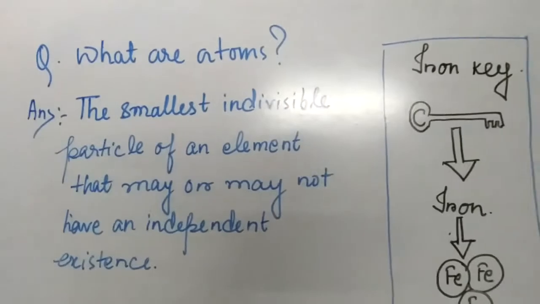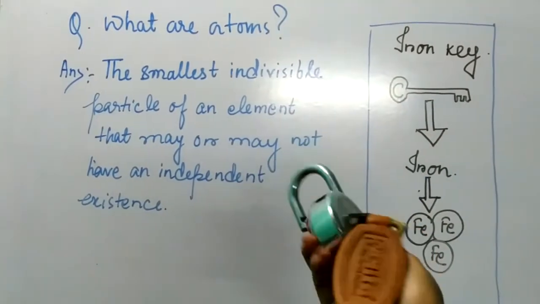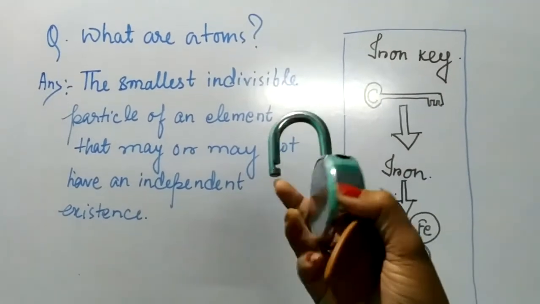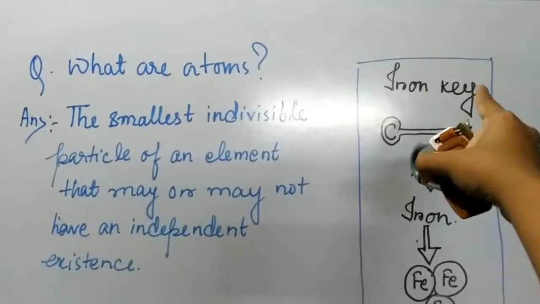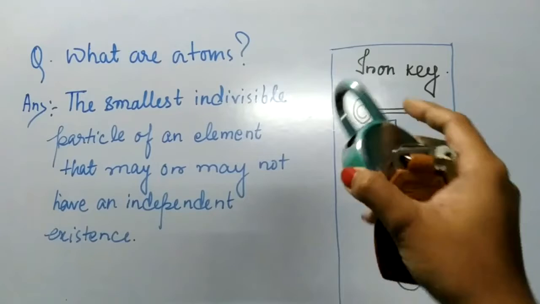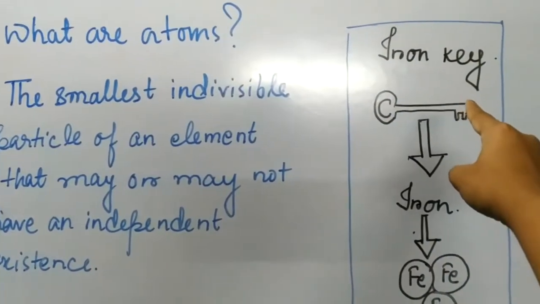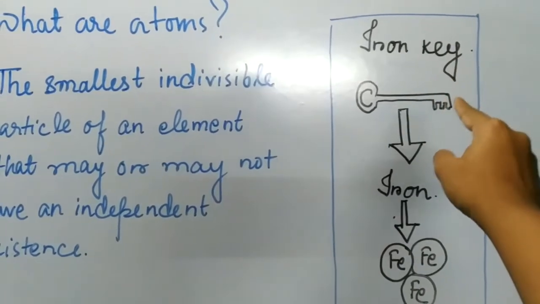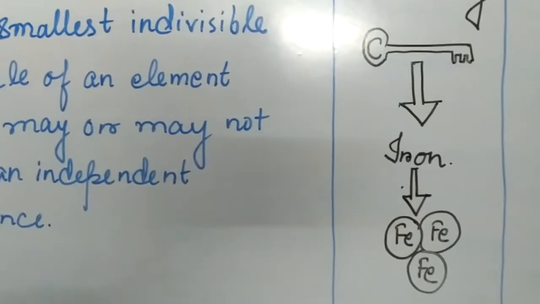Okay, for example, as you can see over here, I am having a key along with the lock. Now, if you properly analyze the key, you all will see that it is made up of iron. Though it is plated with zinc outside, but internally it is made up of iron. Now, if we see the iron key more vividly, we will see they are made up of the molecules of iron.